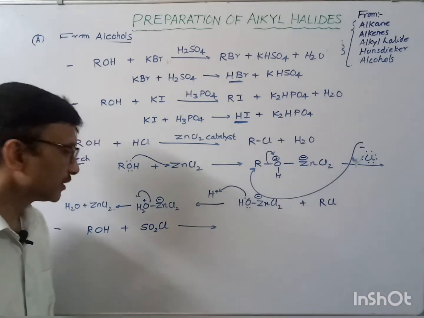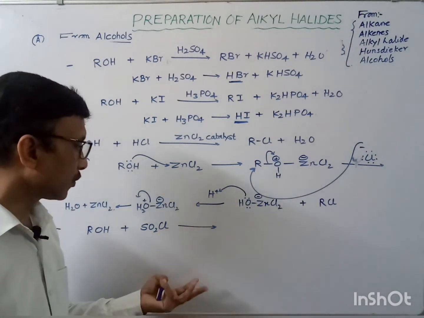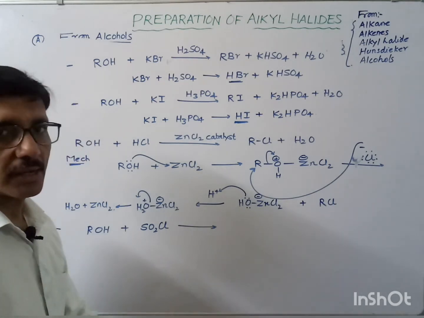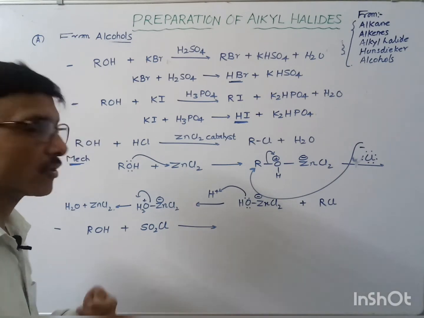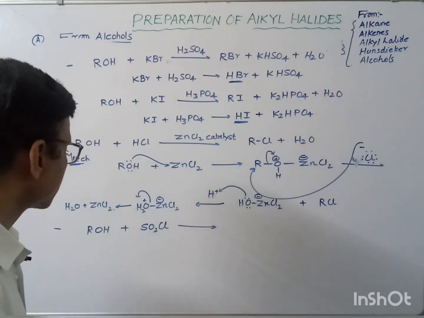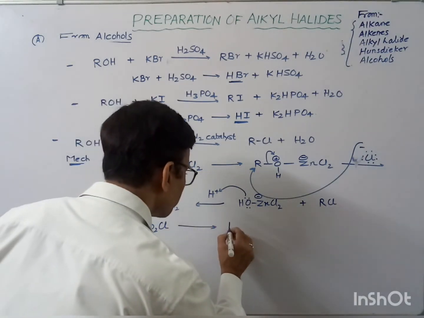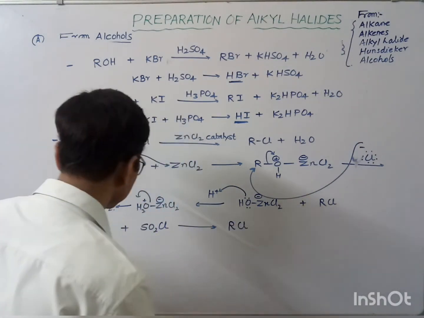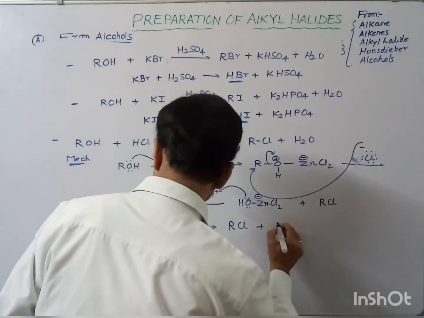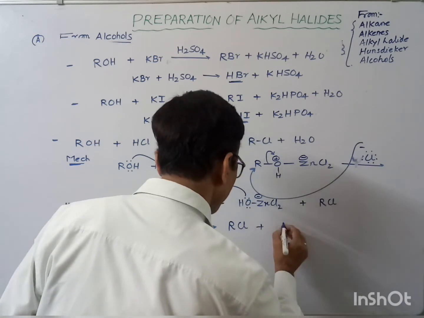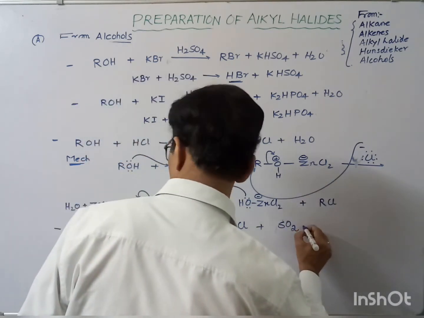So this reaction may take place either in presence of pyridine or in absence of pyridine. Either it may take place by SNi reaction, or otherwise it may occur by SN1 reaction also. So this also gives this alkyl halide.